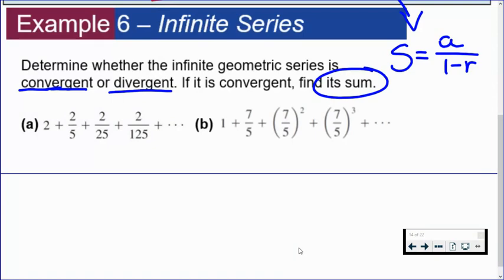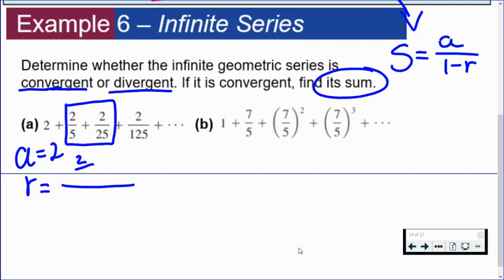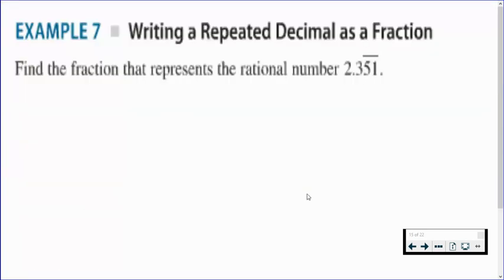I know that the first item is 2. To find R, I take two consecutive numbers and divide them by each other. According to my definition, if R is less than 1, then it converges. I'm going to try to make this as simple as possible. First, I'm going to write this number down.